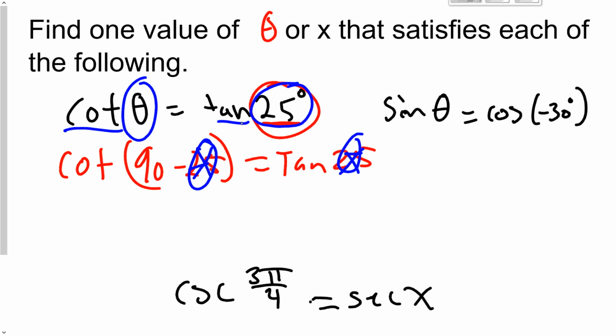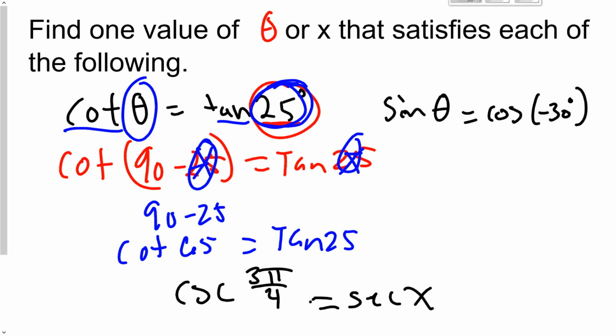That's what you're asking. 25 plus what is 90, or 90 minus your angle that you're given equals what? So 90 minus 25, or what plus 25 equals 90? So that's 65. So cotangent of 65 is equal to tan of 25.